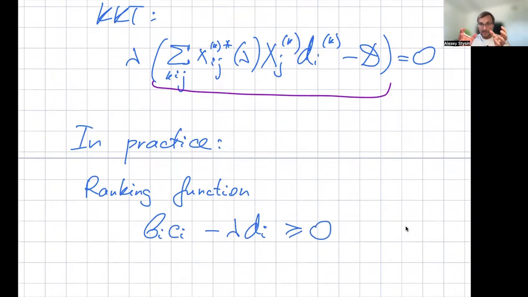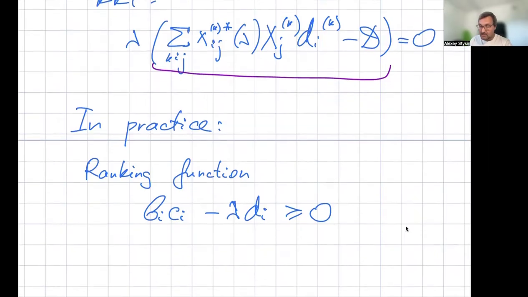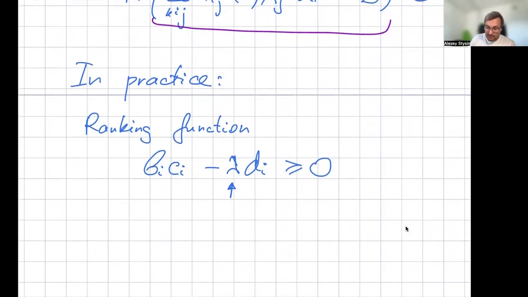So we are only going to keep the participants which are passing the threshold. And then we are going to rank them according to this ranking function, and we're going to assign them to the slots. And for the choice of lambda, we're just going to scan the lambda. And we are just going to find the lambda that approximately gives us the constraint, the result that is just a little bit below the damage that we allow to ourselves. And this is it.